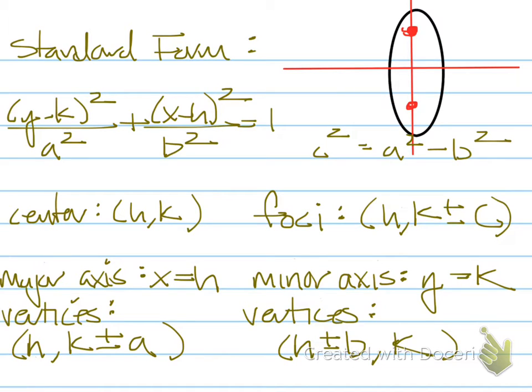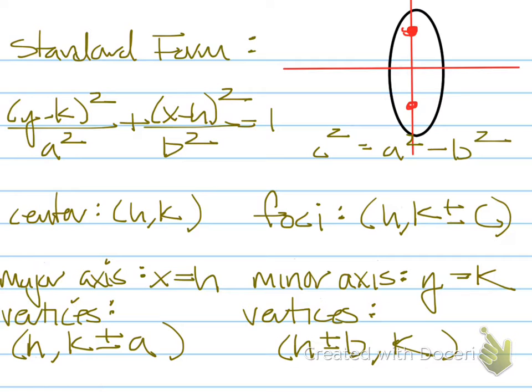Whenever the ellipse's vertical dimension is longer than the horizontal dimension, that means that the bigger denominator is going to be below the y squared term. Center is still h comma k. You'll be able to find the foci by adding and subtracting c to the y coordinate of the center.